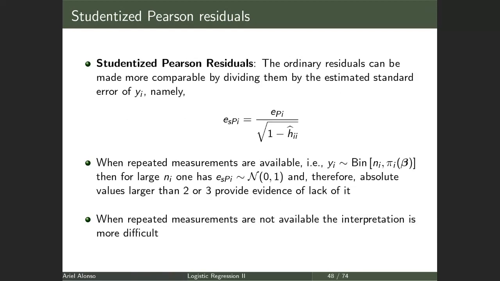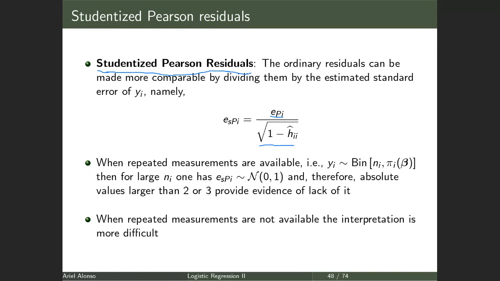And you can show that this is just the Pearson residuals divided by this term here. And these are the studentized Pearson residuals. Guys, this is exactly the same as the studentized residuals in ANOVA. So the ordinary residuals can be made more comparable by using these studentized Pearson residuals. And now they will have variance 1.